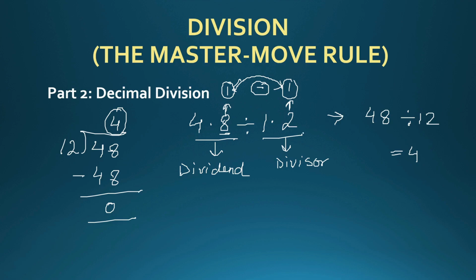In multiplication, we used to add, but in division, we are going to subtract. So 1 minus 1 is equal to 0. That means we do not have to place any decimal over here, and simply the answer is going to be 4.